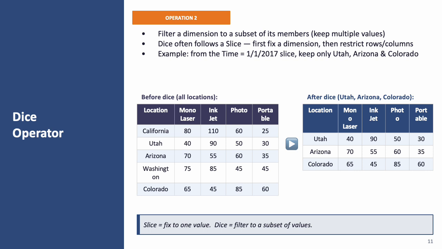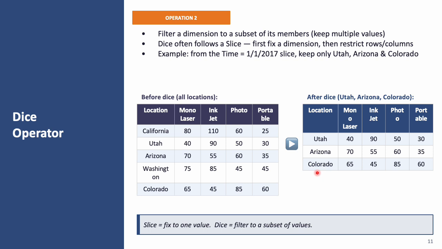We start with the location by product table we produced from the 1st January 2017 slice. You can see that all 5 states are visible. When we apply a dice operation to filter the location dimension to only 3 states, Utah, Arizona, and Colorado, we remove California and Washington from the result.